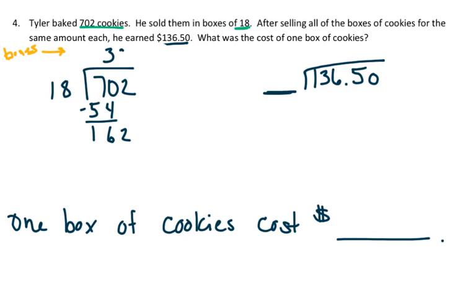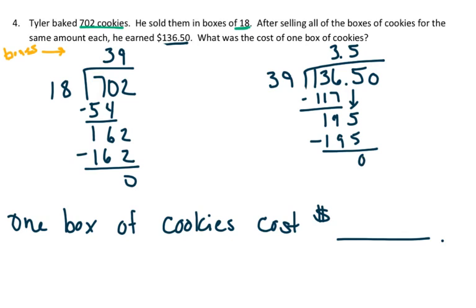So now I have the number 39. That was the number of boxes. That's what's going to go over onto our other problem. I have $136.50, and I'm dividing that by 39. Okay, so just finishing up this one here.